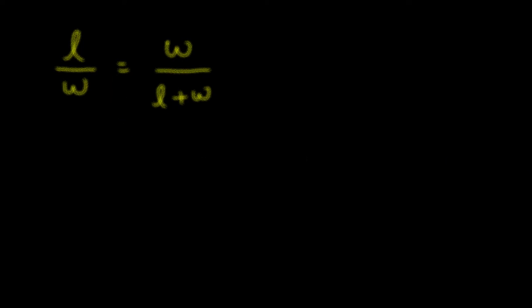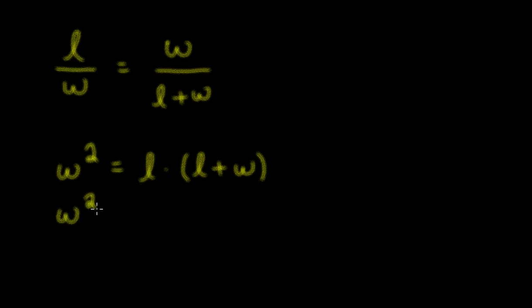So let's cross multiply. So we'll do the width times the width. That's going to give us the width squared. And then on the other side, we'll have the length times the length plus the width. Okay, and we'll just do some rearranging. So we'll distribute in here.